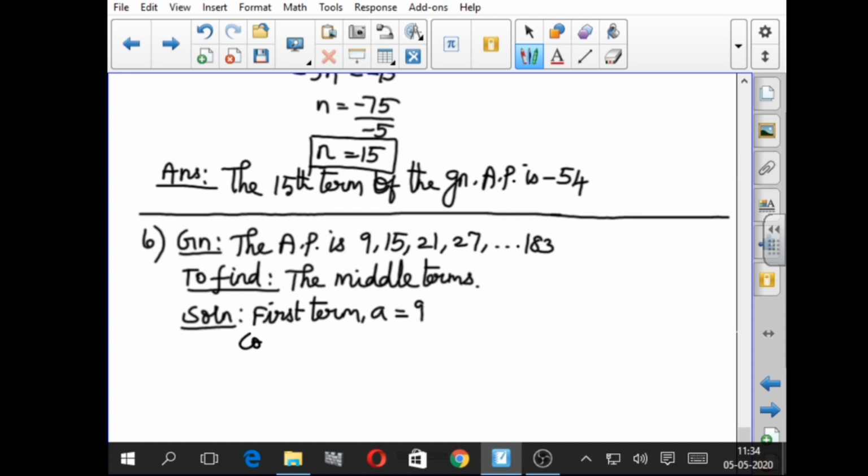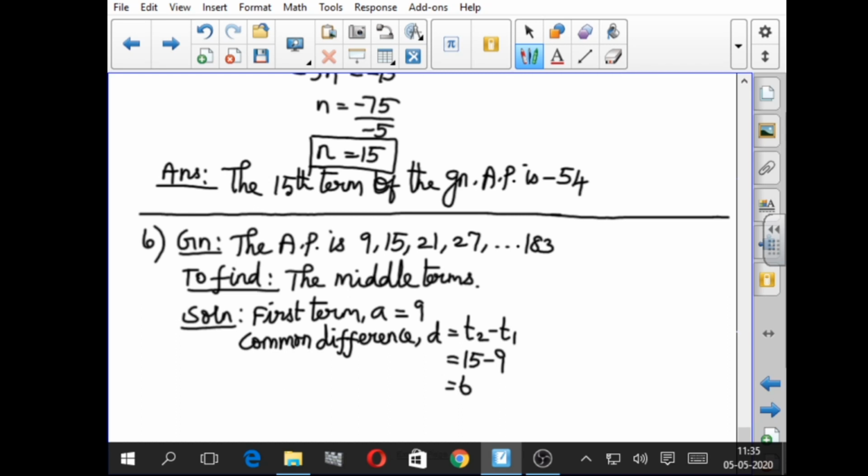Common difference, D equal to T2 minus T1, that is equal to T2 is 15, 15 minus 9. The answer will be 6.